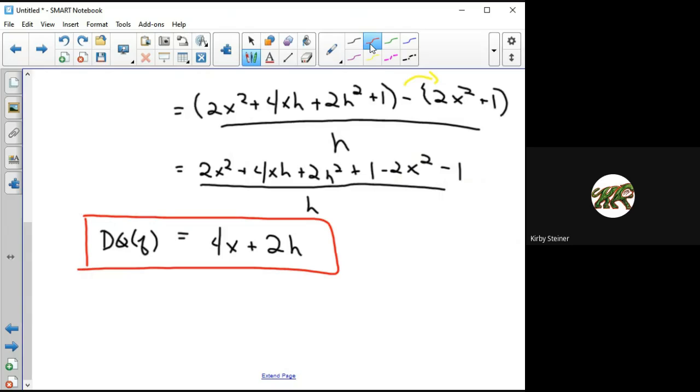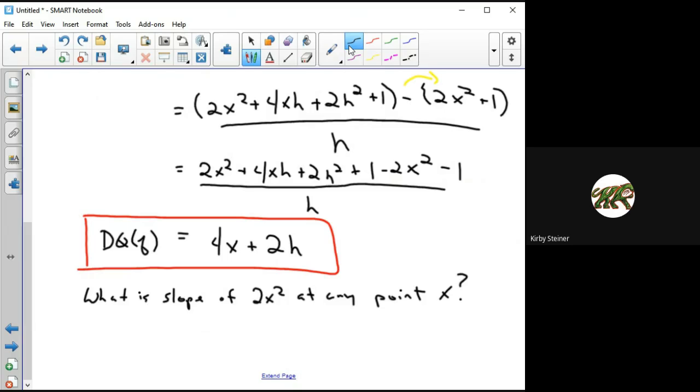So just looking at this, if I asked you, what's the slope of 2x squared at any point in x?